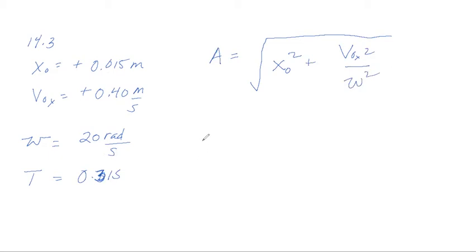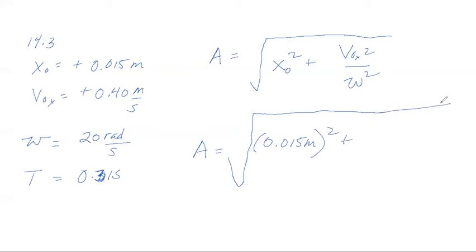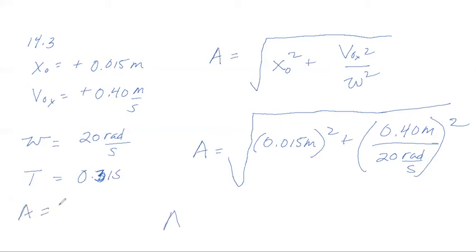So A equals the square root of 0.015 meters quantity squared plus 0.40 meters per second divided by 20 radians per second, and that's all squared, the whole thing. So we're going to get A equals 0.025 meters.